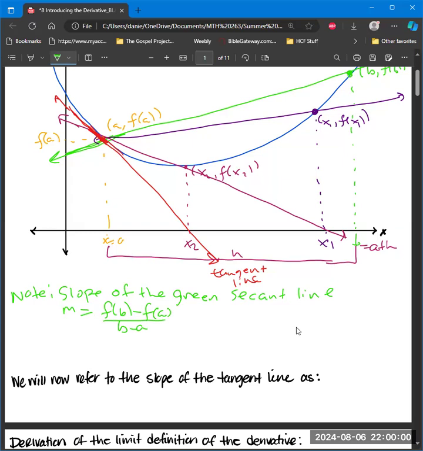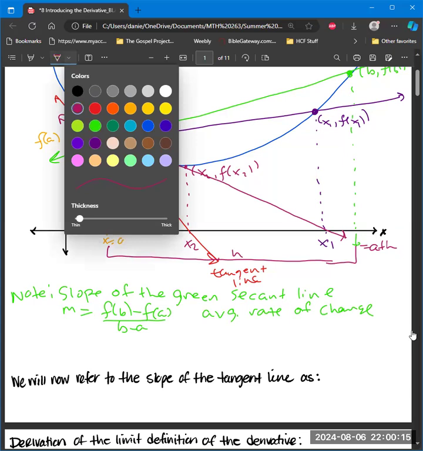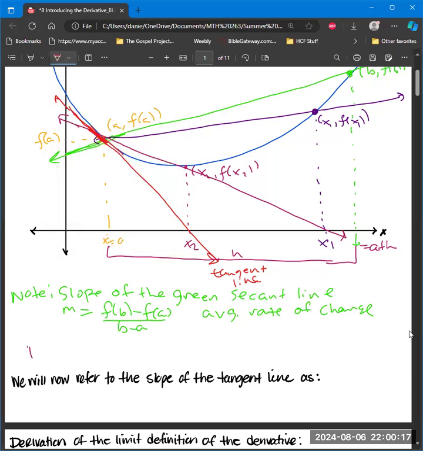You should know that as your average rate of change formula from pre-calculus. And for the pink secant line, we have the slope is f of x2 minus f of a over x2 minus a.